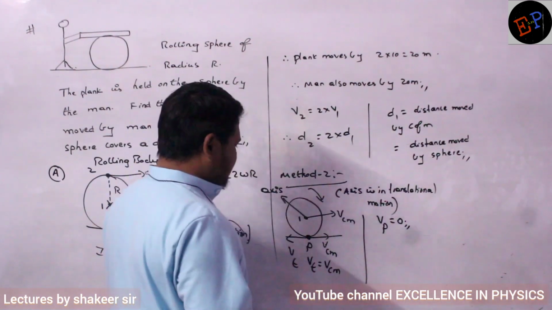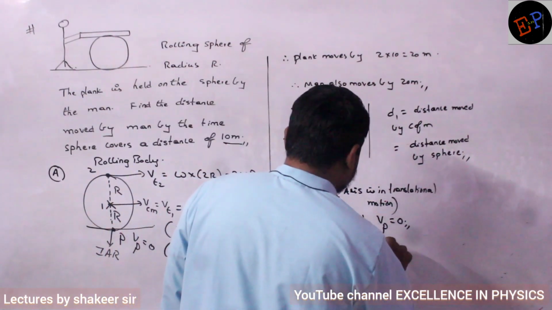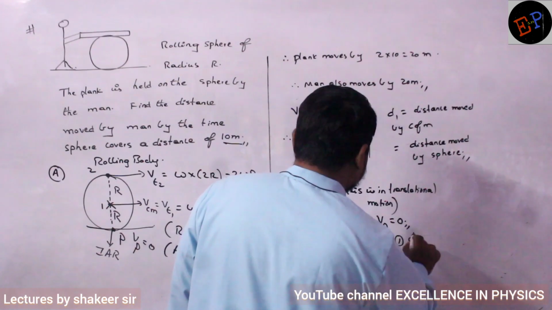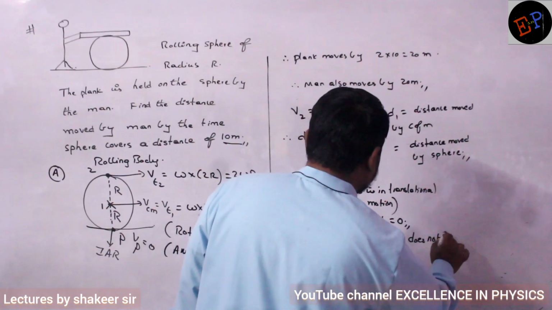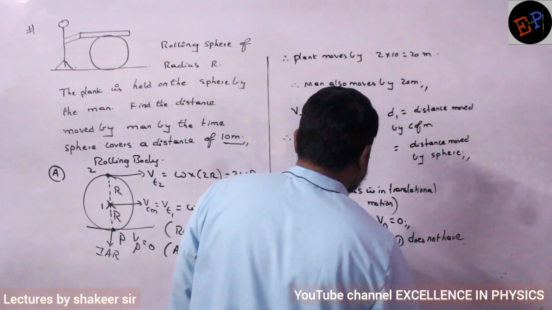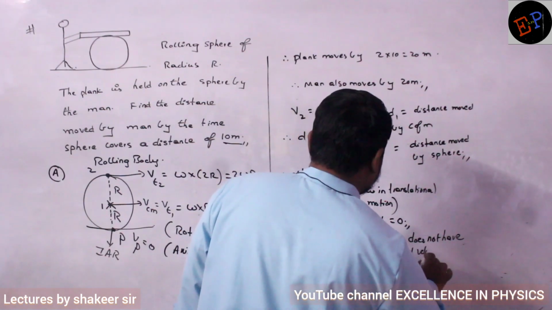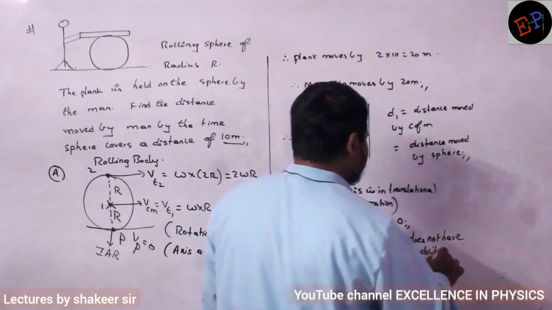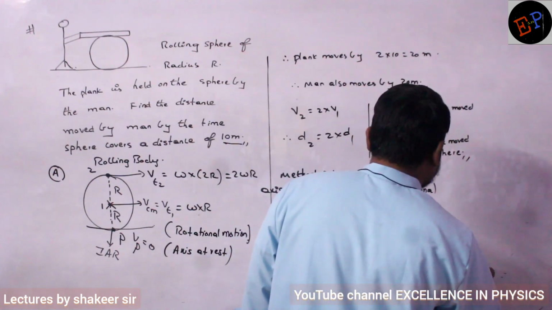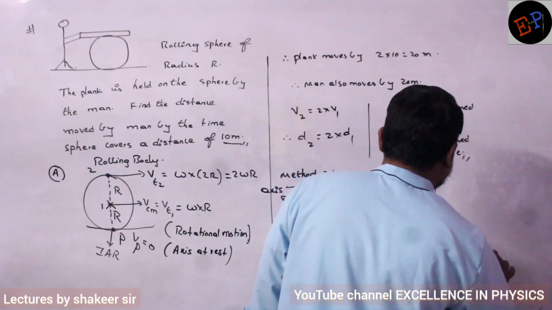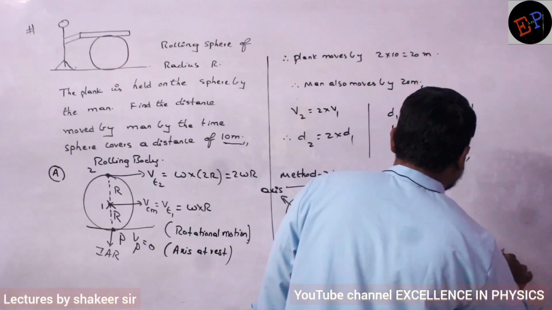So shall I write that point also? I will write that point also. Point number 1 does not have which velocity? Rotational velocity. Rotational velocity, in brackets you can write tangential velocity. What is the reason?